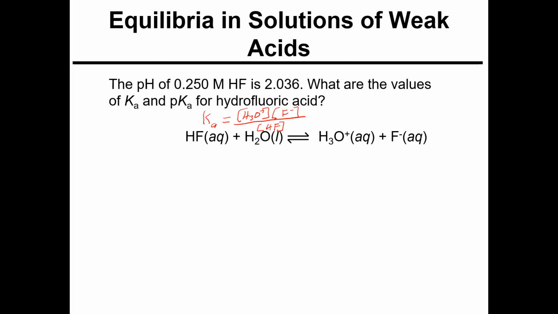Now we want to know Ka and pKa, which means that we need to know the concentrations of each of these species at equilibrium. So we're going to make an ICE table, just like we did in an earlier chapter.